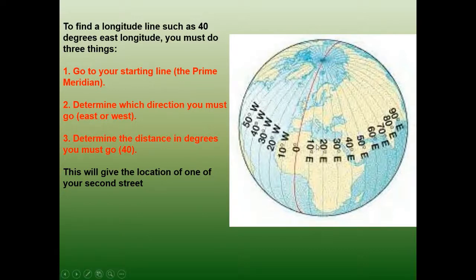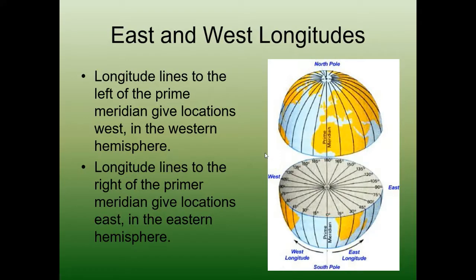So, 15 degrees east would be here, 25 degrees east would be here. Whether they break it into 5 degree, 10 degree, 15 degree, or 20 degree marks doesn't matter too much one way or the other. You've still got the same amount of degrees from 0 to 180. All right. And you can see here again, here's what it looks like.